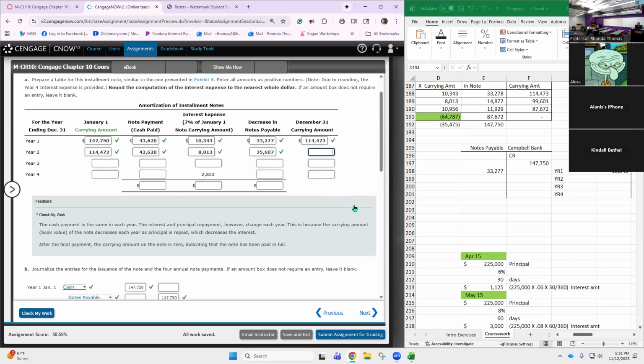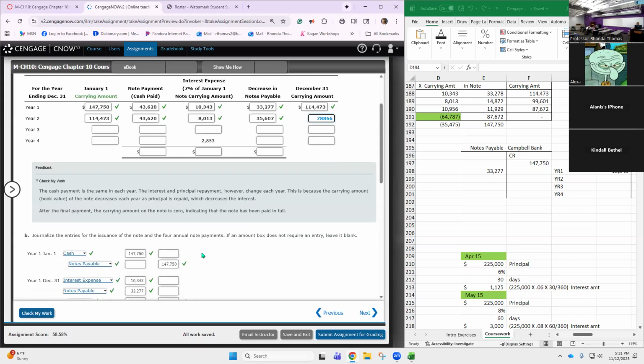So now the note should be 114,473 minus that decrease of 35,607. So now the new carrying note should be 78,866, if my calculations are correct.